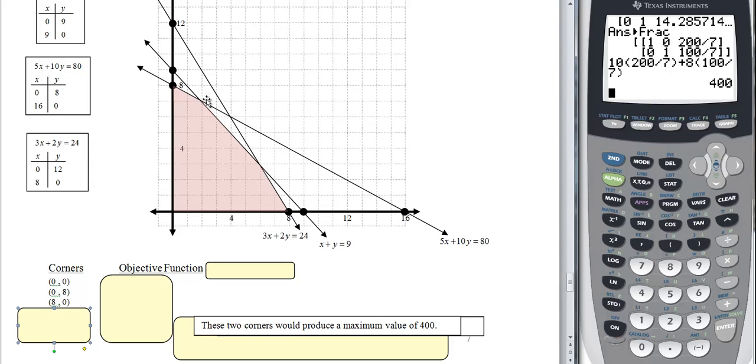Now, to get these other ones, this is why we indicate what these equations are. You need to put this equation in your matrix and this equation into your matrix, because we're after this one right here. So go ahead and put that in your matrix and see where they hit.